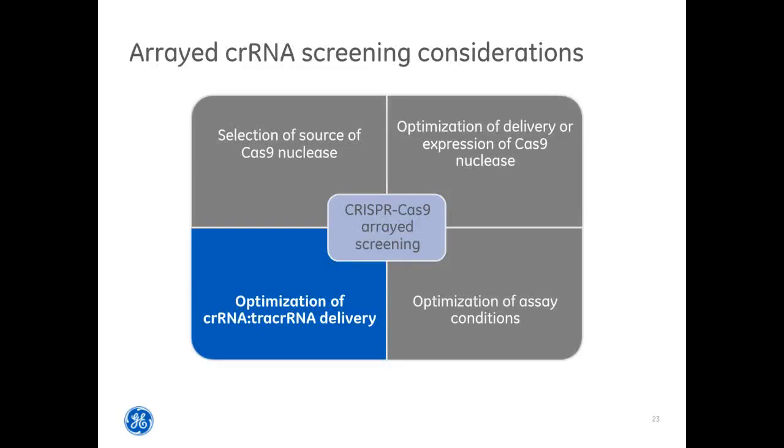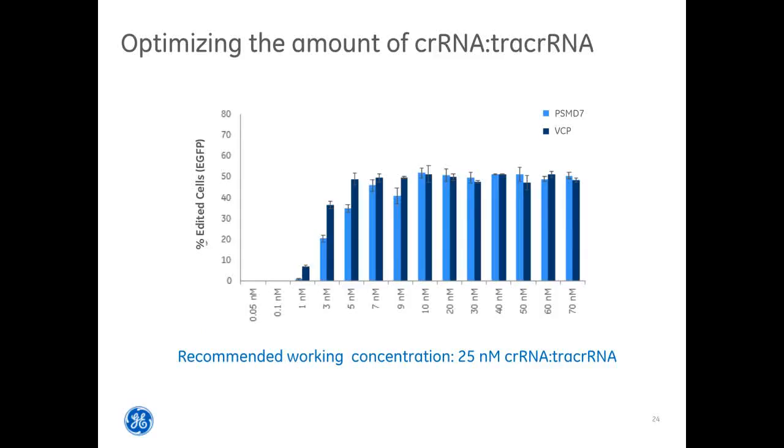So now that we've identified the best promoter to drive Cas9 expression in our stable cell line, we need to move on to the second component of the CRISPR experiment, which is the delivery of the synthetic CRISPR tracer RNA. So using our Cas9 expressing proteasome reporter cell line, we transfected CRISPR tracer RNAs targeting 2 different positive control genes in increasing amounts, and then quantified the editing efficiency by looking at the percentage of cells expressing GFP.